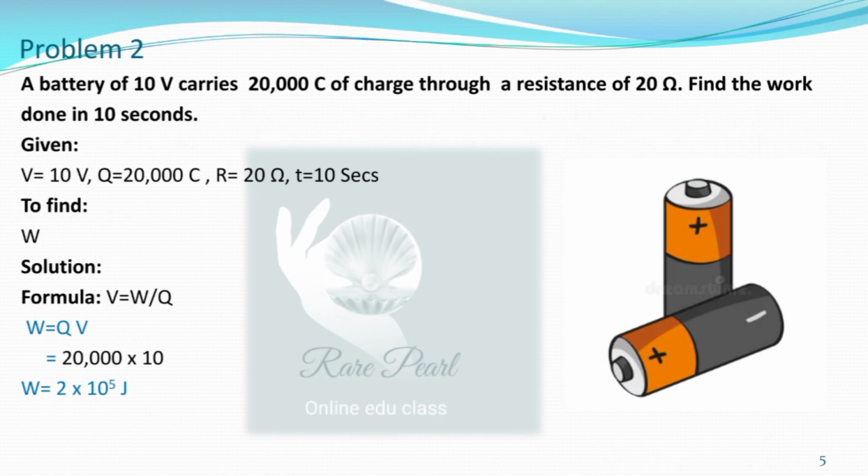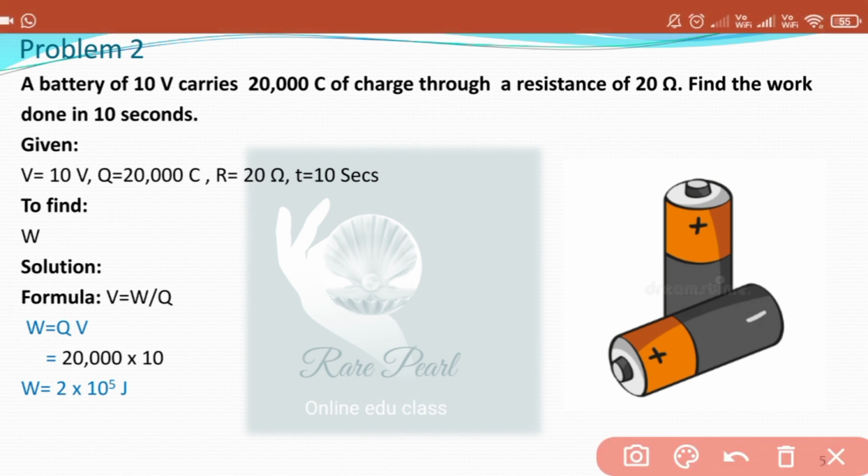In this problem, we are going to see a battery of 10 volt carries 20,000 coulomb of charge through a resistance of 20 ohm. Find the work done in 10 seconds. What do we need to calculate here?